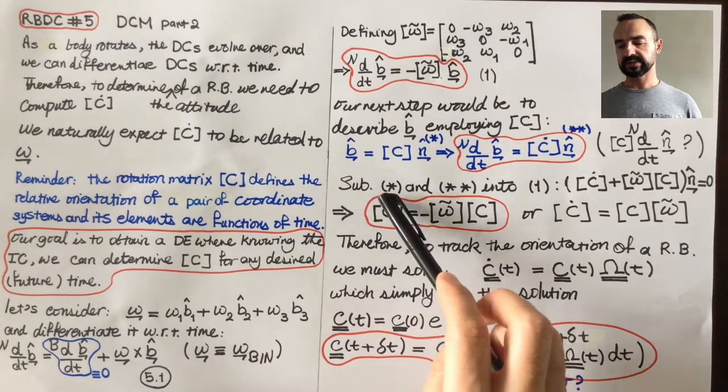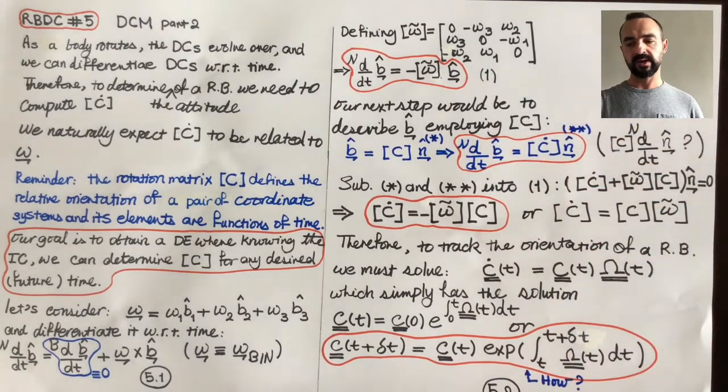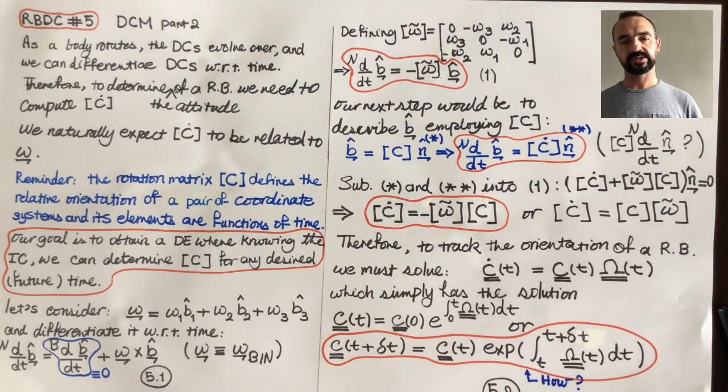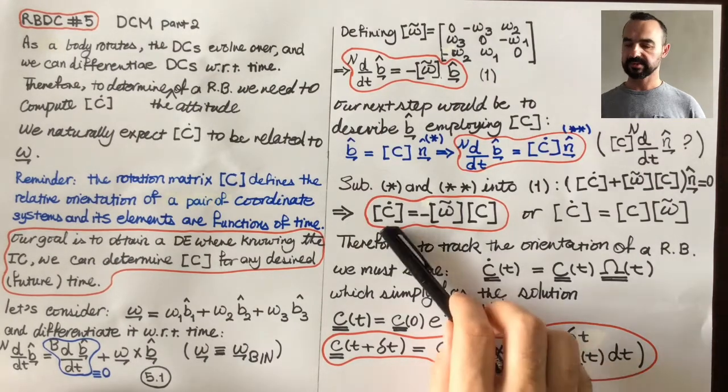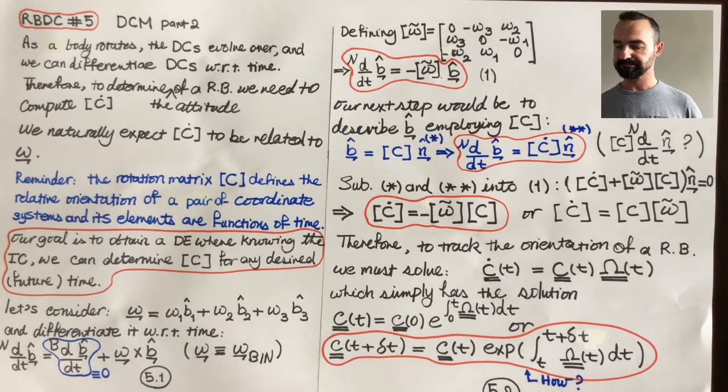What we are going to do is substitute these two relationships into equation 1, simplify that, and you get the relationship that you're looking for. A differential equation that describes how the direction cosine matrix varies with time. So C dot on the left hand side, and we have minus omega tilde C.